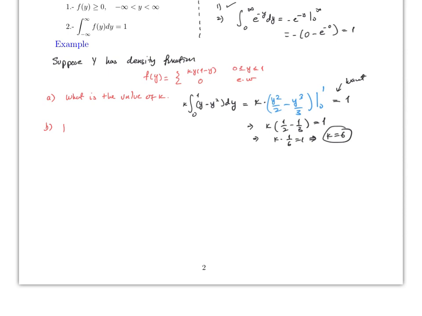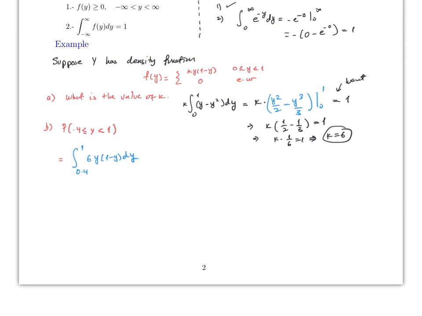Part B is asking you to find the probability that 0.4 is less than or equal to y is less than 1. By definition, this is the integral from 0.4 to 1 of the density function, which now we know is 6y times 1 minus y dy. Now that we know the integral of this, we're just going to multiply it by 6.